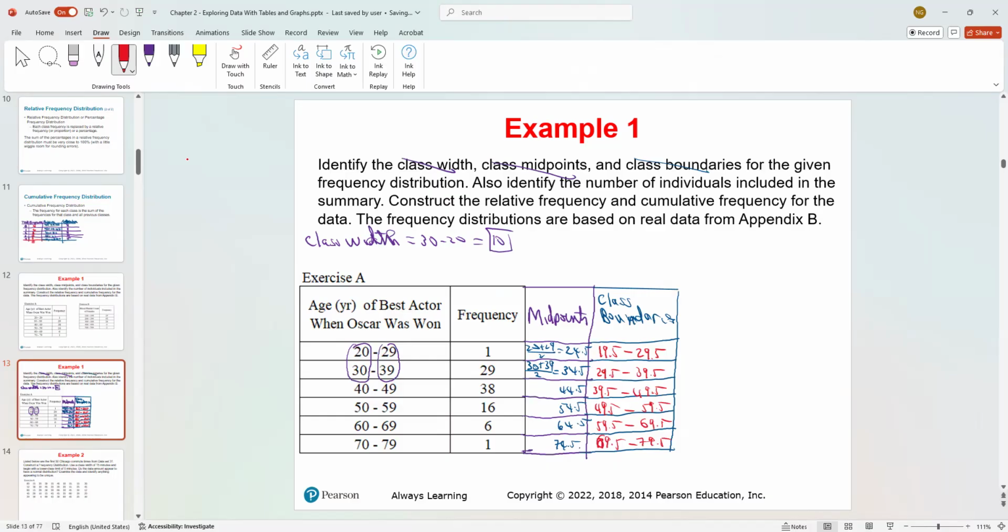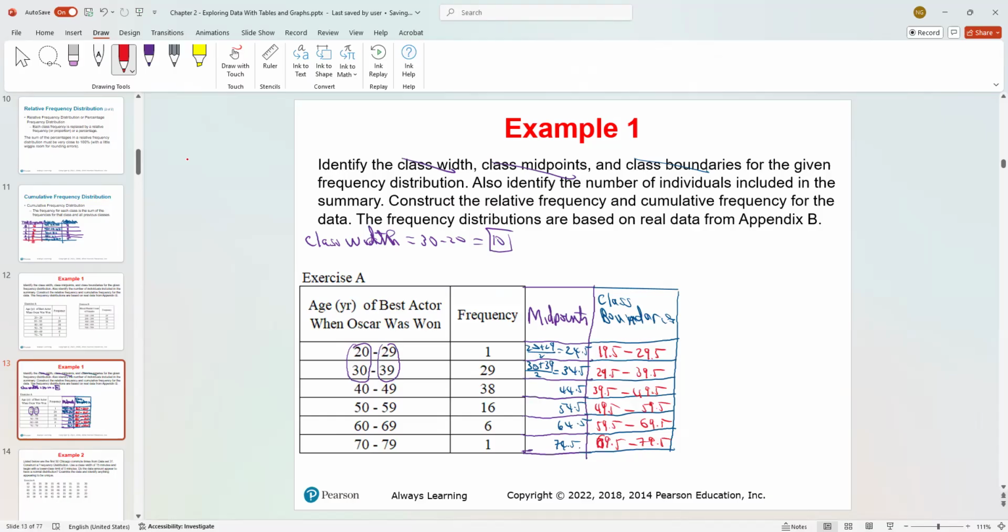Every time the upper limit ends with something, the next class starts with the exact same value. You see, the first class upper limit is 29.5, so the next class starts with 29.5. Because we want to connect each bar, that's something you would learn in the future.